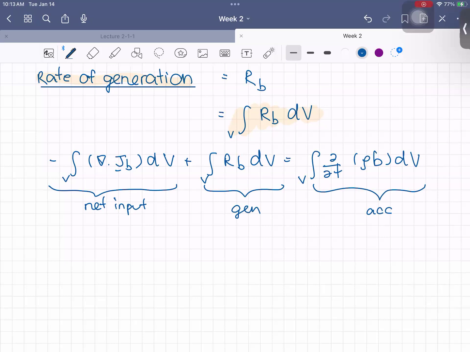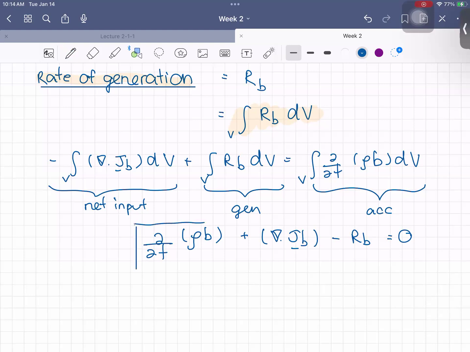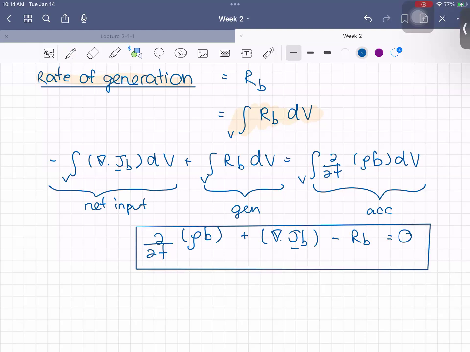And since all the terms here are in integration, we can take it off. So if I rearrange the equation, it will be d rho B/dt plus del dot JB equals RB.